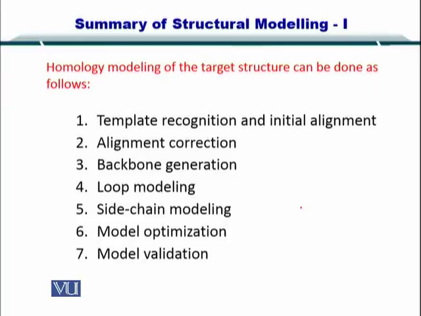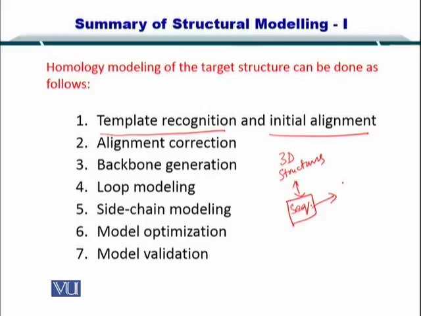So the first one was the template recognition and initial alignment. So this involved the identification of 3D structures by looking at their sequences. And then you aligned your sequence with the sequence of the protein whose structure is unknown.